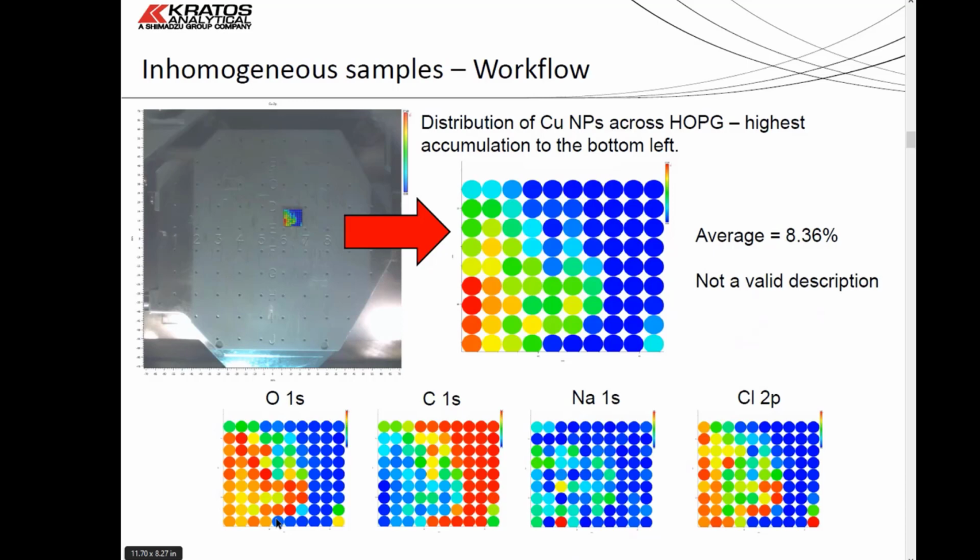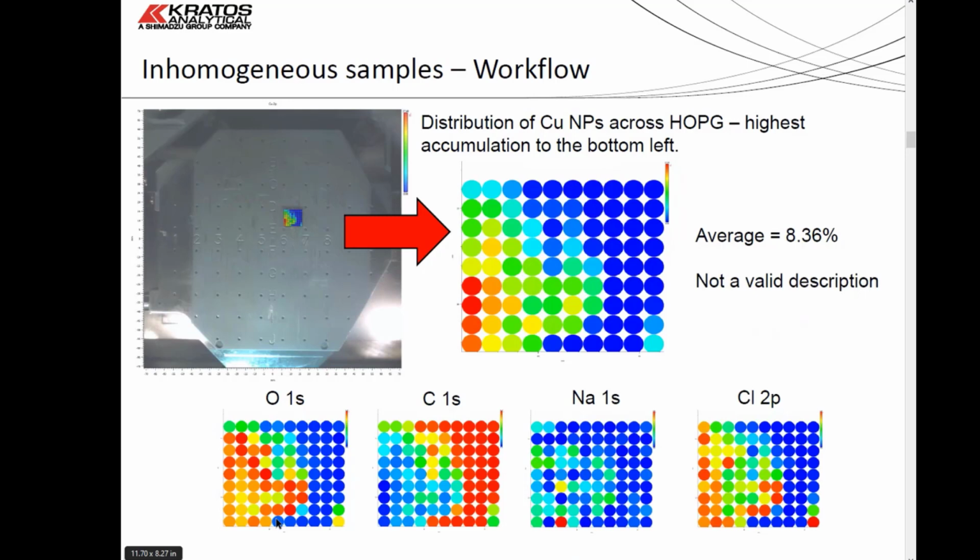This kind of workflow sits really nicely in XPS as well, because you get to see relative distribution changes, and you're not just concentrating on the absolute concentration. As we all know, the real strength of XPS is in a relative comparison of atomic concentrations, if we want to talk about quant.